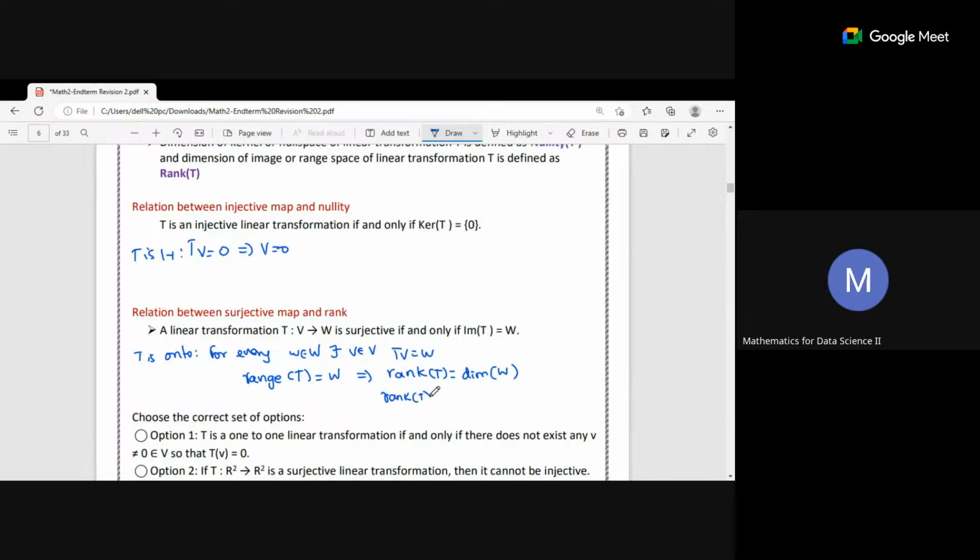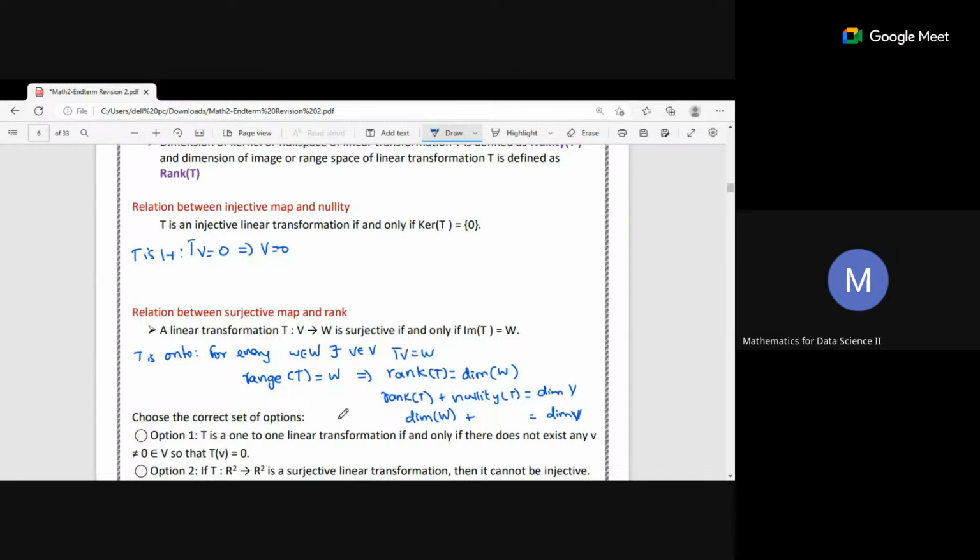Rank of T plus nullity of T is equal to, in the rank-nullity theorem, what do you have? Dimension of V. Dimension of W or V? V, ma'am. Dimension of V. Okay, and here you have dimension of W plus nullity of T is equal to dimension of V. Now if nullity of T is also 0, then this becomes 0.